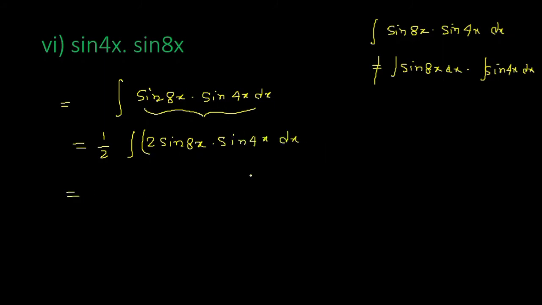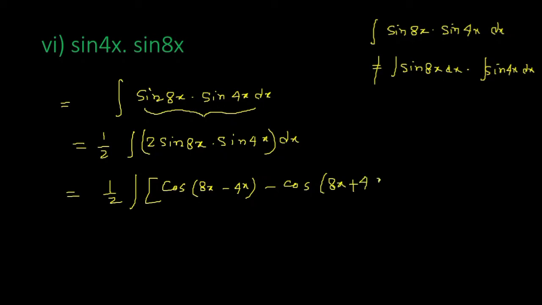Now we have to use the trigonometric formula for 2 sin x sin y. The formula is cos(x minus y) minus cos(x plus y).